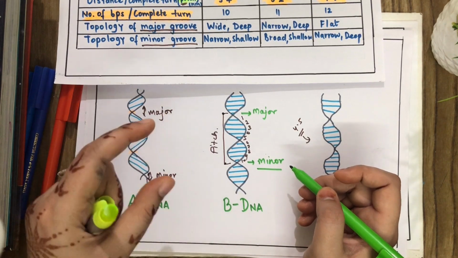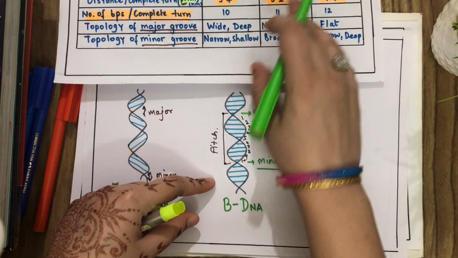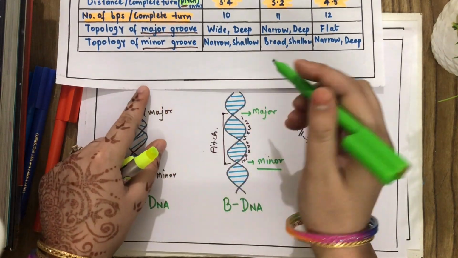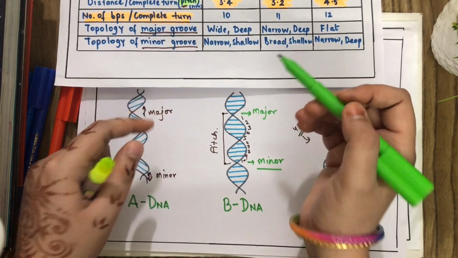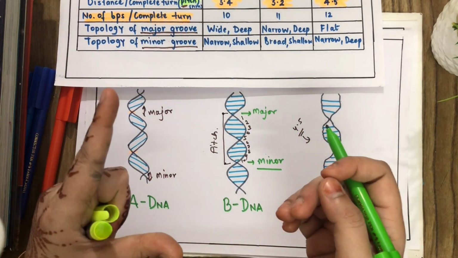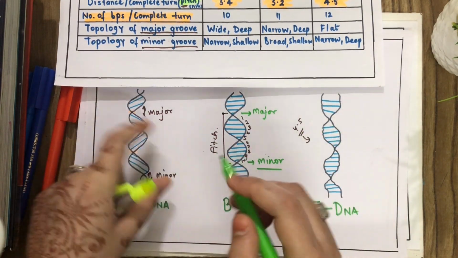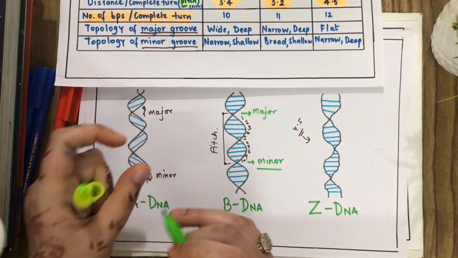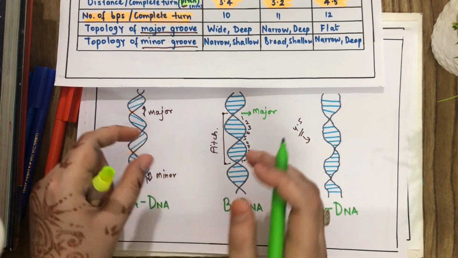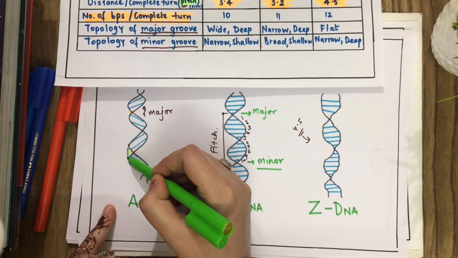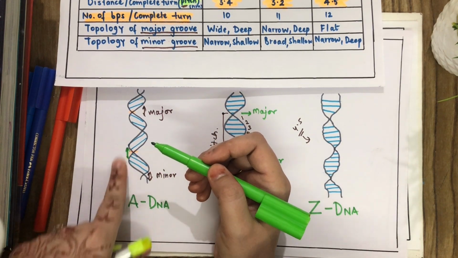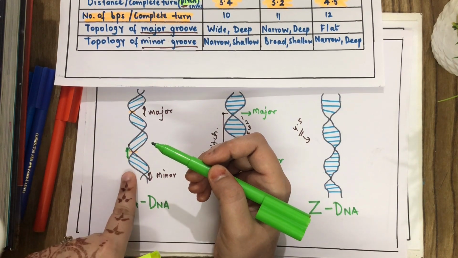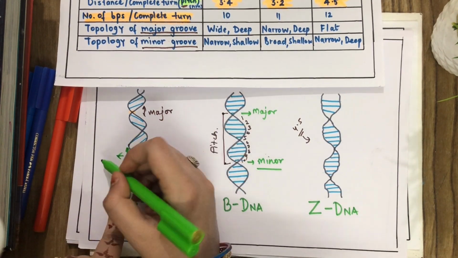Now coming to A DNA. In A DNA, minor grooves are broad and shallow. Broad means wide but shallow, not much deep. So broad and shallow, these are the minor grooves here.